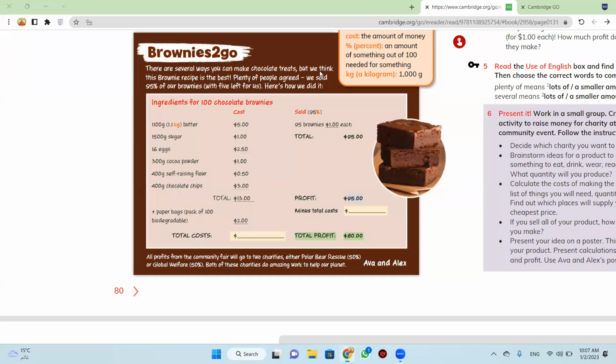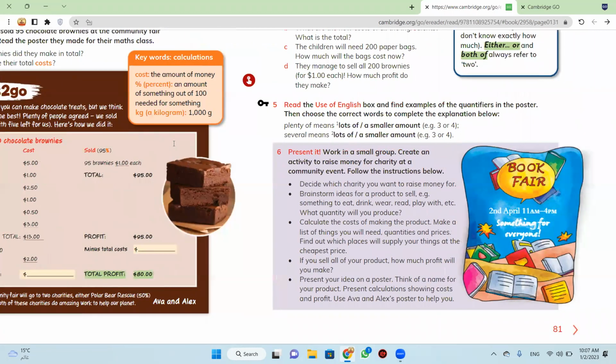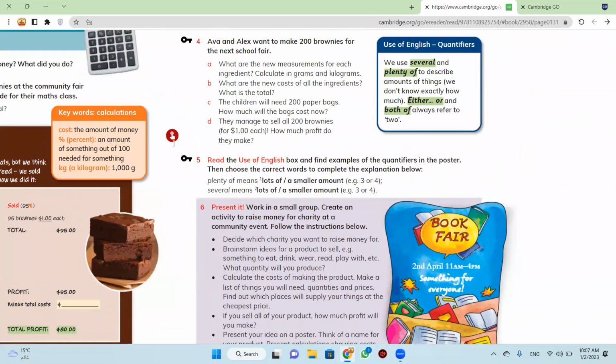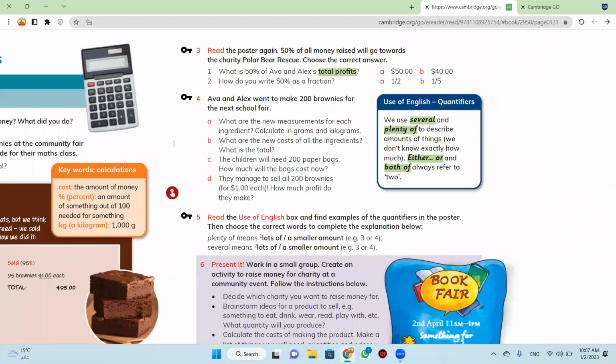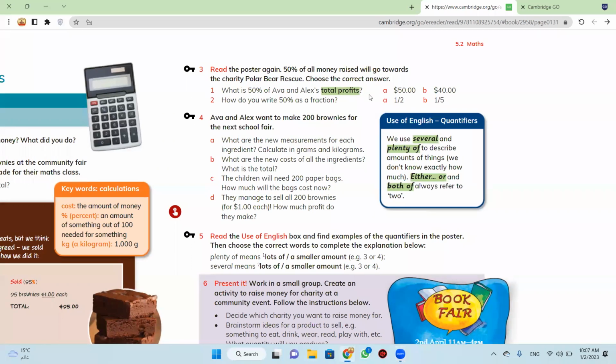So they have done a really nice job. They bought ingredients, made chocolate brownies, sold them at $1 each, and donated all the profit to charities. Good actions. Yes, an entrepreneur is a businessman.